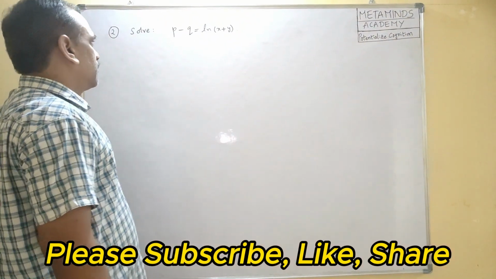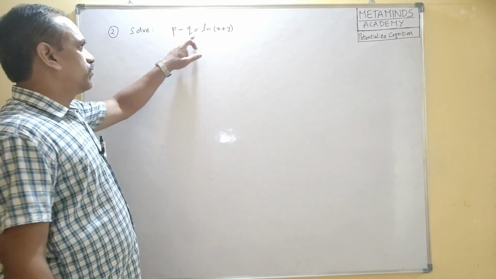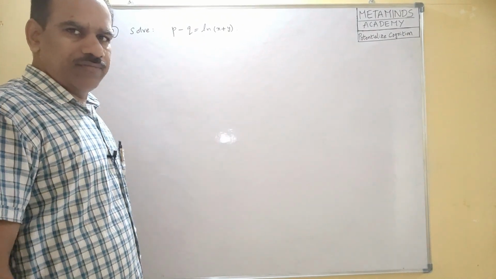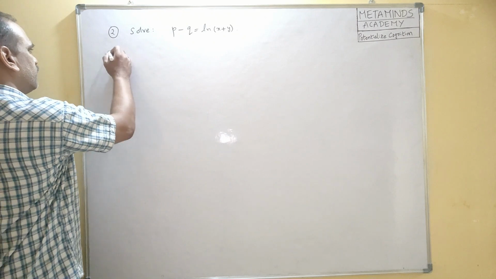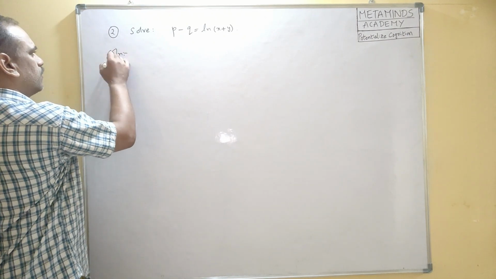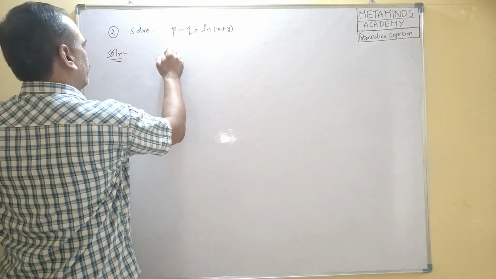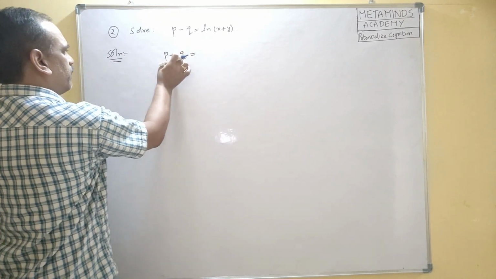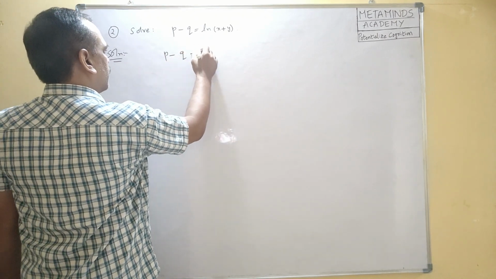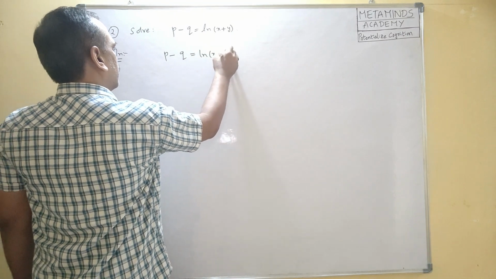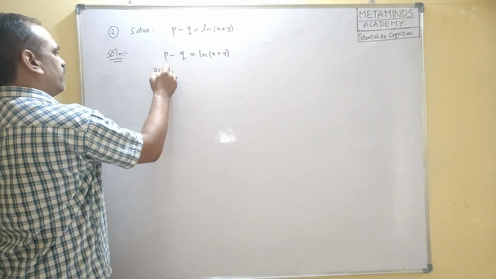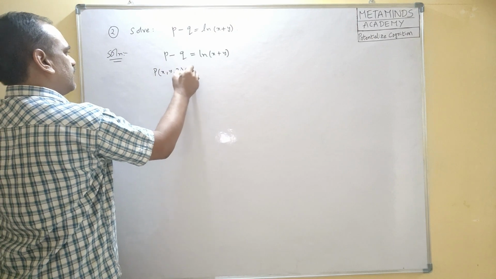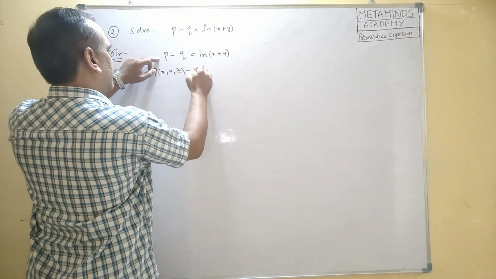Now let us take the problem p − q = ln(x + y). So how do you solve this? Here this is again in the form of P p + Q q = R. Here P of x, y, z is the coefficient of small p, which is 1.